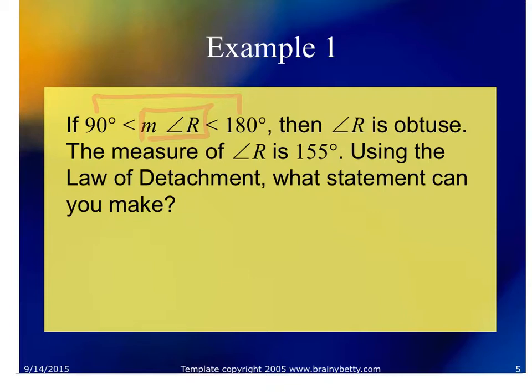So I know any angle that's between 90 and 180 is obtuse. So it's telling me the measure of angle R is 155. Is 155 in between 90 and 180? Yes, it is. So by the law of detachment, I could state that angle R is obtuse.